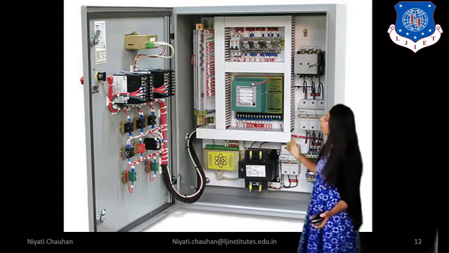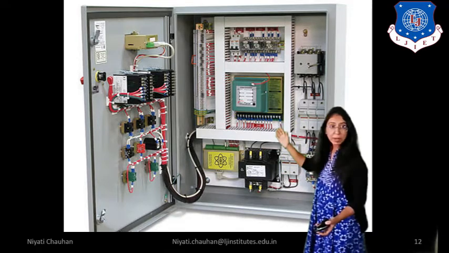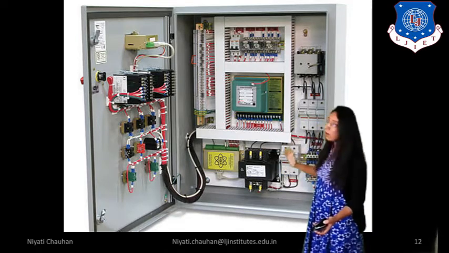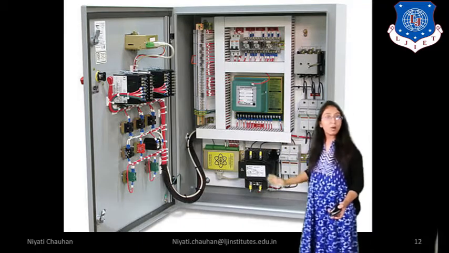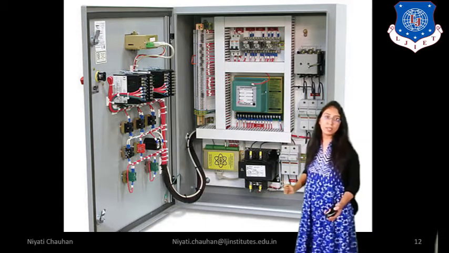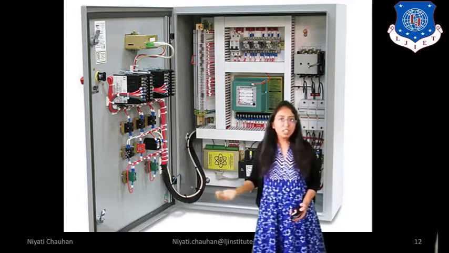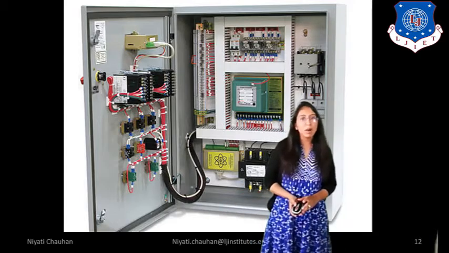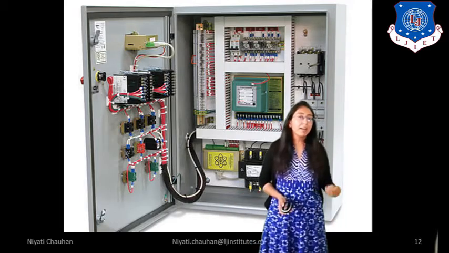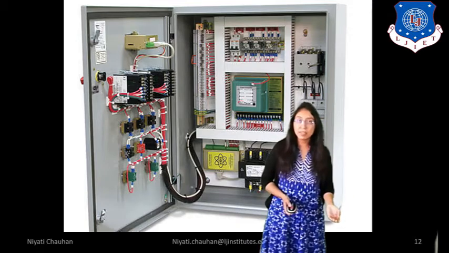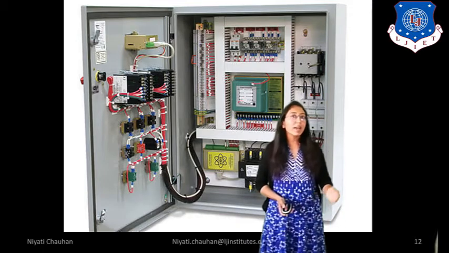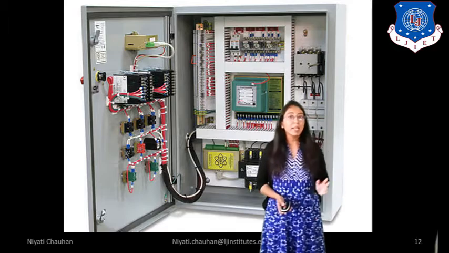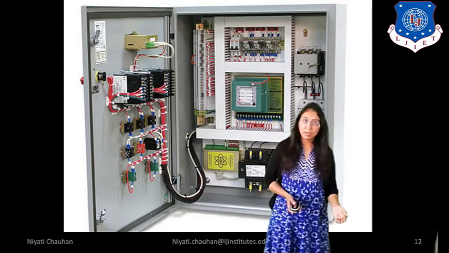In relay rack mounted equipment, power supplies and input output cards are all mounted on this control unit. So in today's session, I have discussed detailed display, trend display and graphic display, and also relay rack mounted equipment.